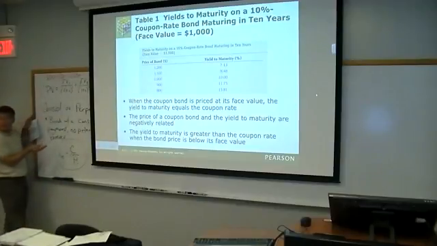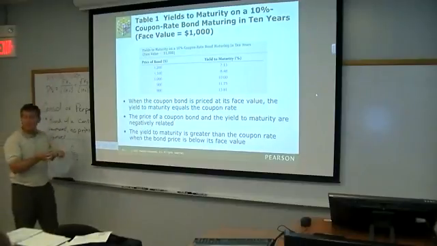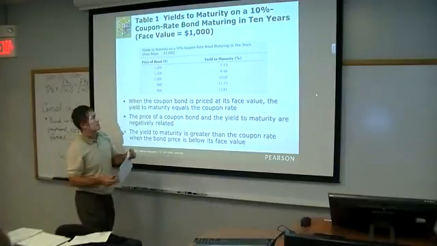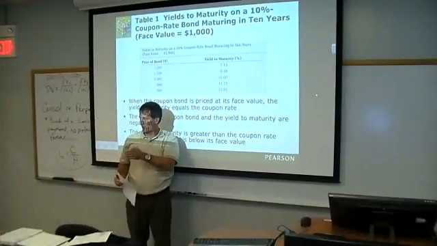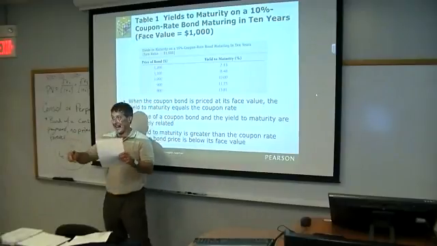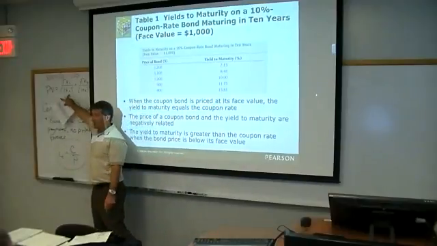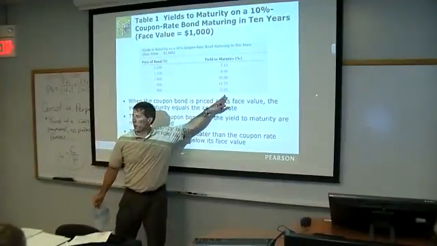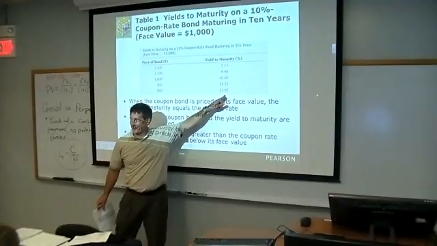That equation is solvable for I. That's the internal rate of return you might have seen in other classes, but in the bond world we call it the yield to maturity. This instrument, if purchased from Kurt at a discount, is going to yield an internal rate of return of 13.81%. Okay?